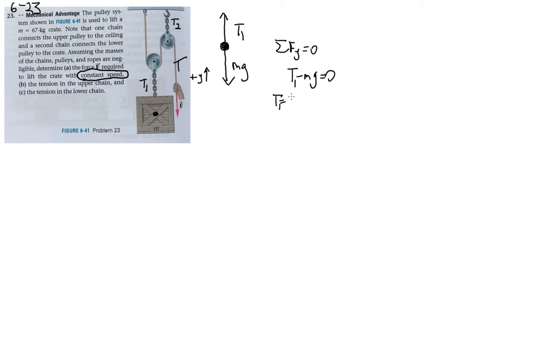So T1 equals mg, which is 67 kilograms times 9.81 meters per second squared, which is 660 newtons to the precision given in the problem. So that answers part C. Good job. On to part A.